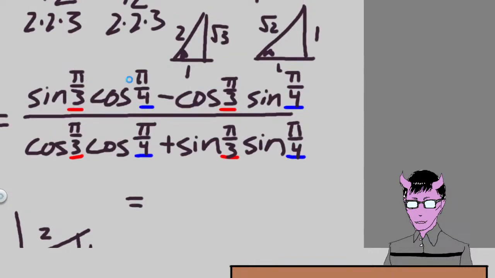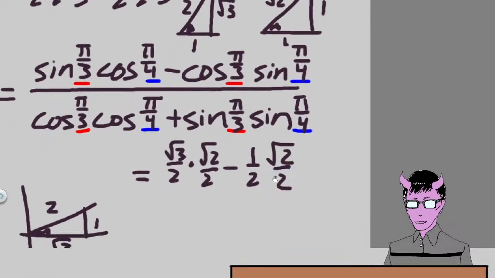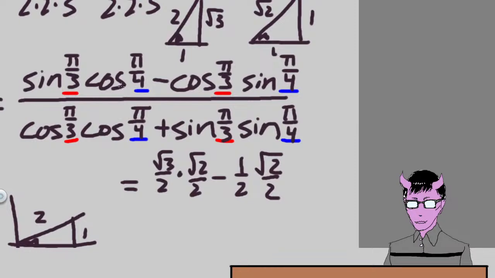So this is sine of pi over 3. Opposite is root 3 over 2. And this is cosine, which is going to be 1 over root 2. This one references this one. It's going to be 1/2. This one references that one, so root 2 over 2. So it's going to be the same ratios echoed over and over again.